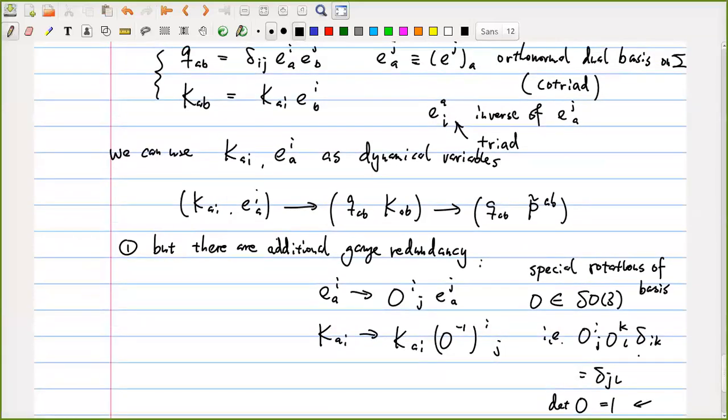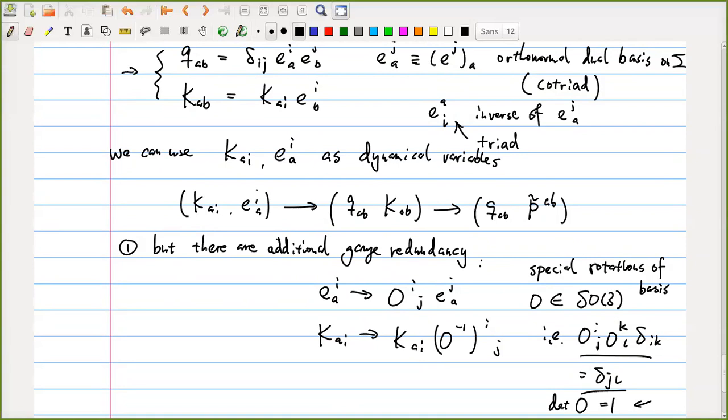Just apply this formula. You can see that this gauge transformation applied to these two formulas gives the same Q and K. So this kind of transformation of e and K gives the same Q_AB and K_AB. That's why we say there is some additional gauge redundancy.